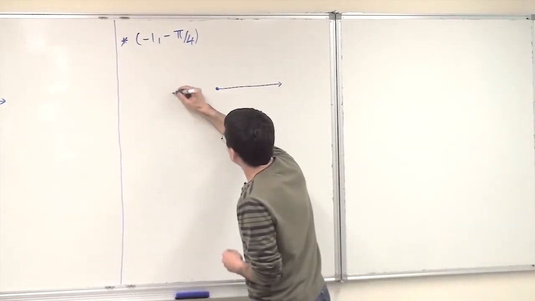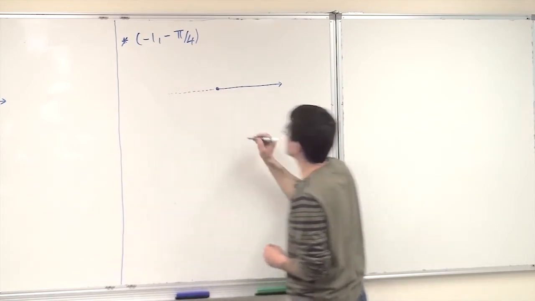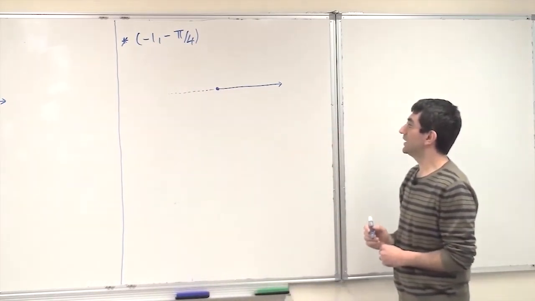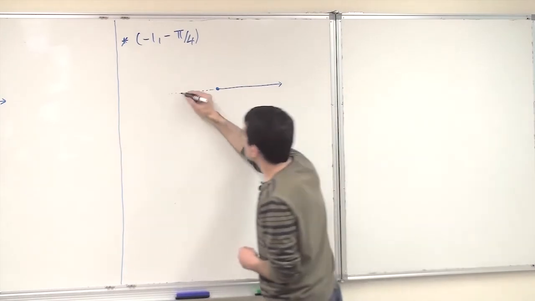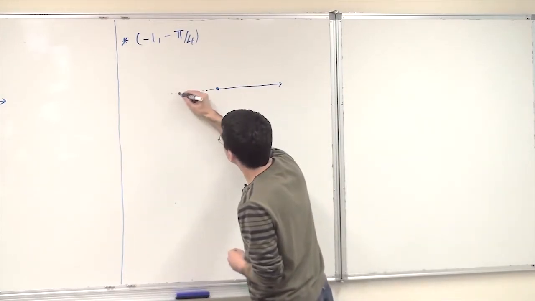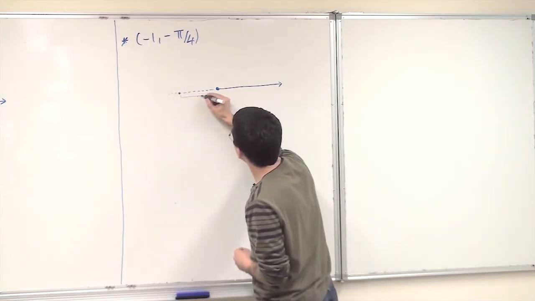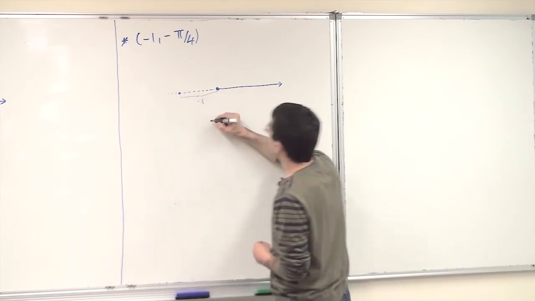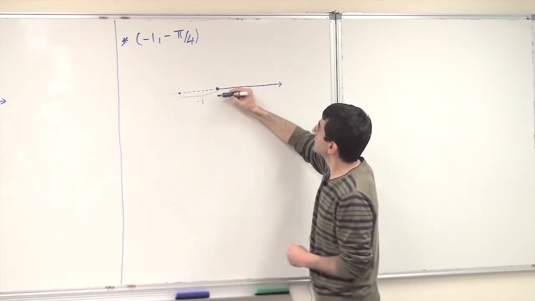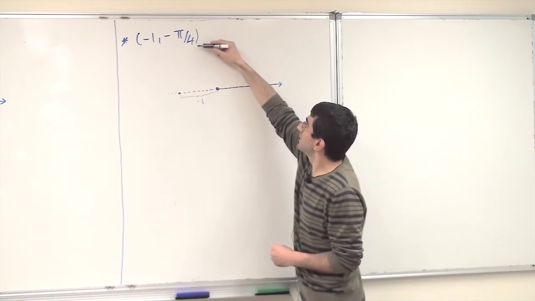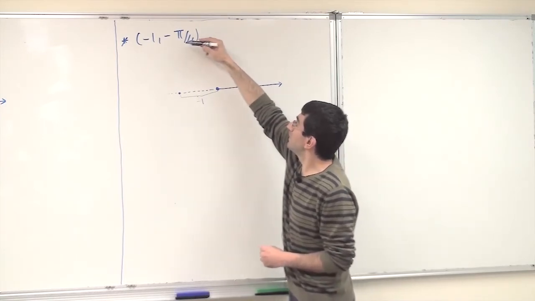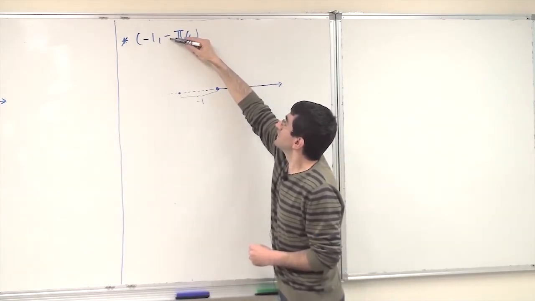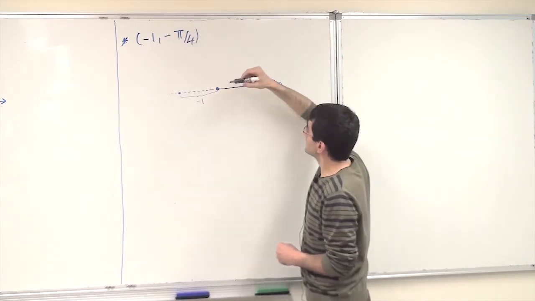So, I sketch this extra ray on the left side. I measure negative 1 on it. Then I rotate this distance by pi over 4, but in the clockwise direction.